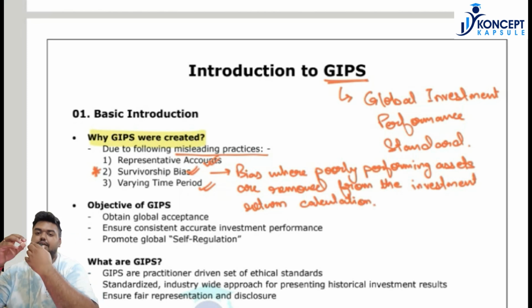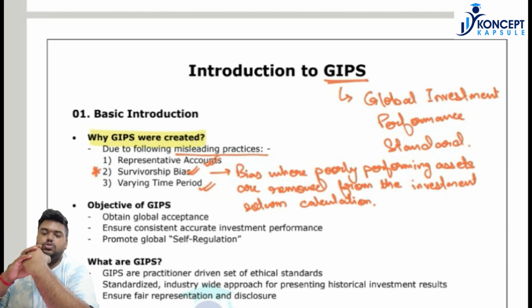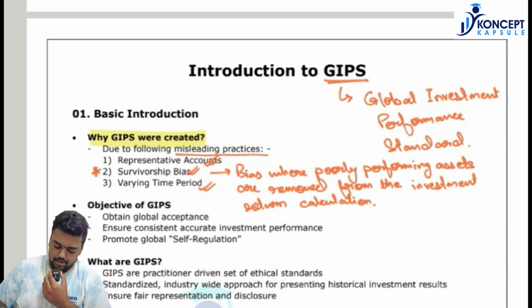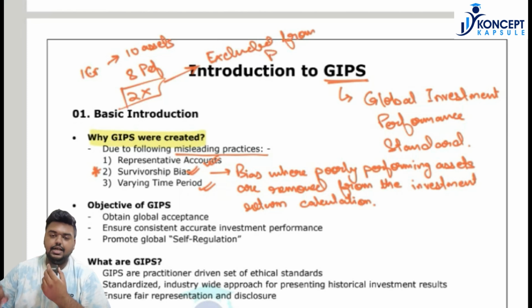Okay. So basically, if I have 1 crore rupees and I have invested in 10 assets over the period of 10 years, if suppose 8 assets has performed and 2 has not performed, so when I will calculate my return to show to my investor, I will not show the return on those 2 assets. So if 1 crore was invested in 10 assets where 8 performed nicely and 2 did not perform, then this will be excluded from performance calculation.